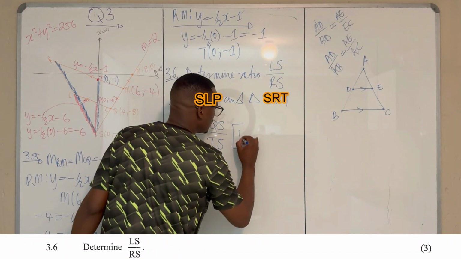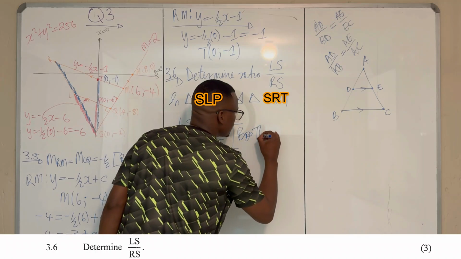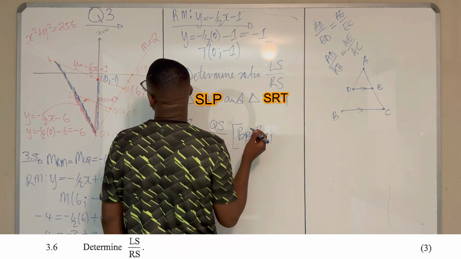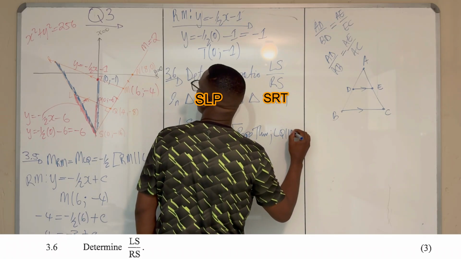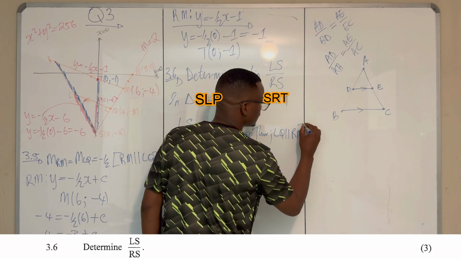This is what we call the proportionality theorem. We're applying it. Why? Because your LQ is parallel to RM. That's why it works.